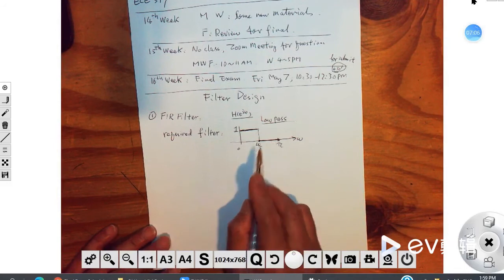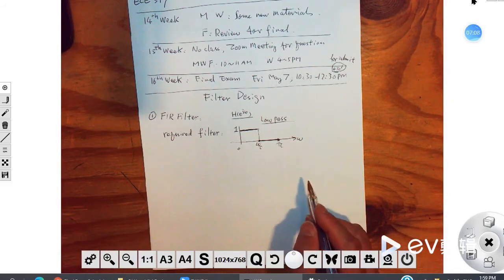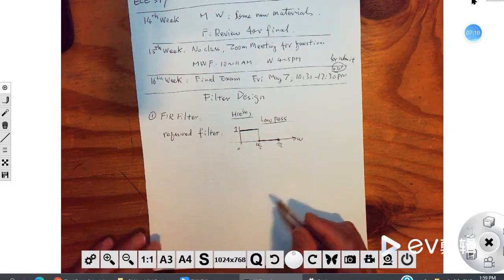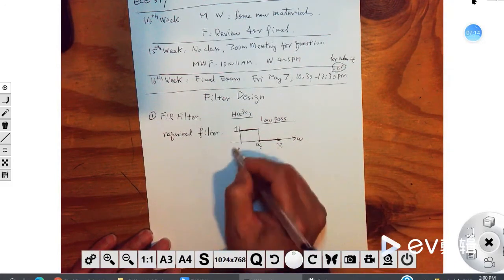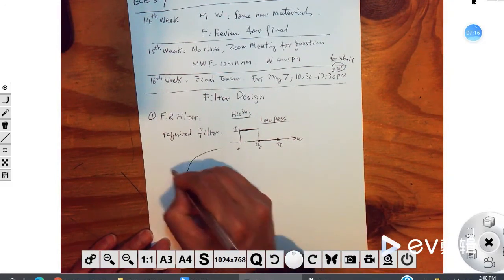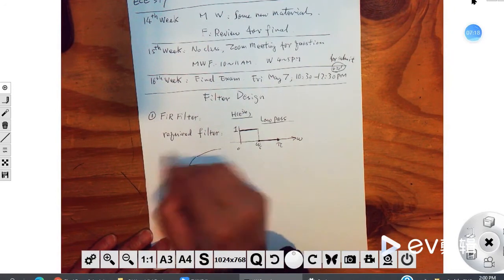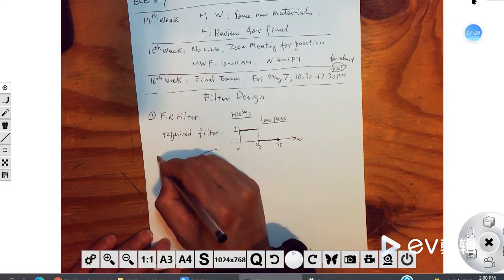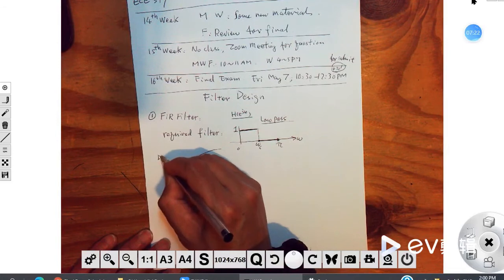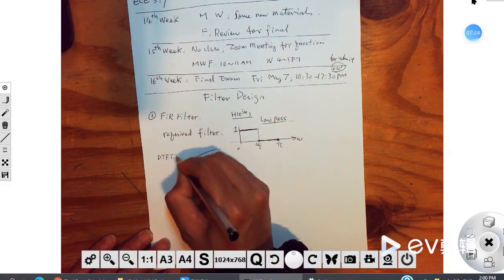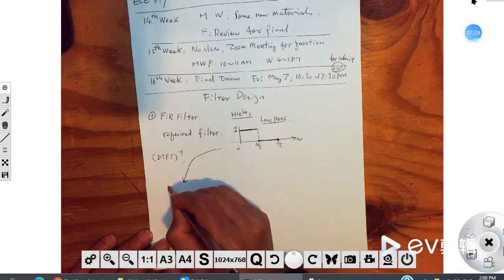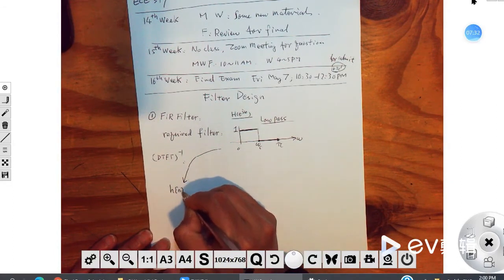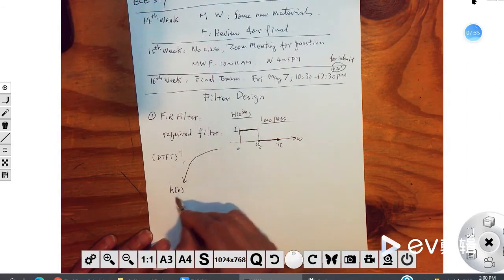So we want a filter with a frequency response that looks like this. But of course, we cannot really get this; we can only have an approximation. We can work like this. We go to the time domain with the inverse DTFT. Then we have h of n, where this is a capital H, not a lowercase h.